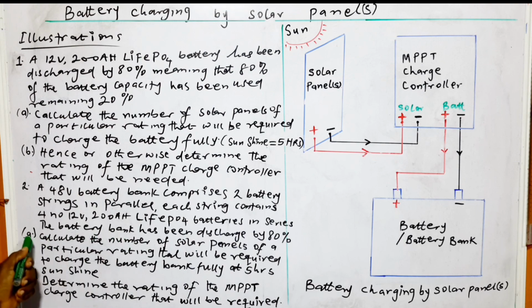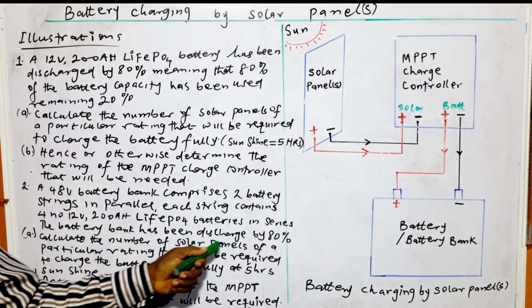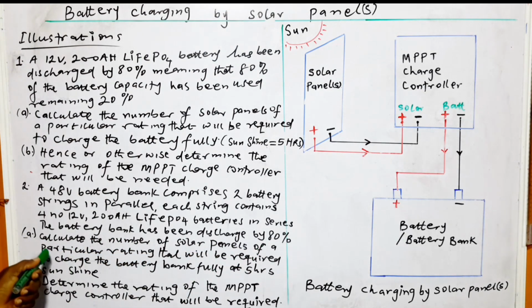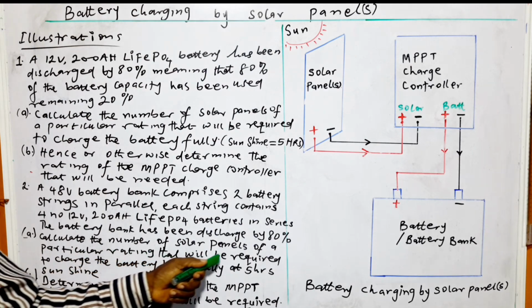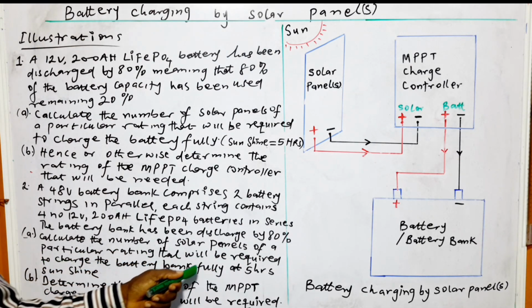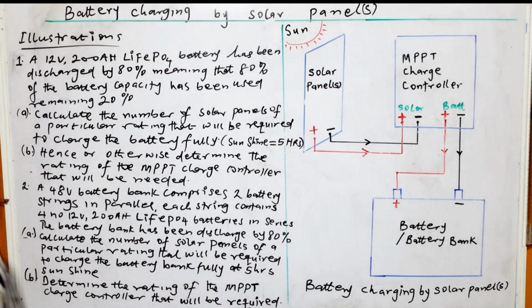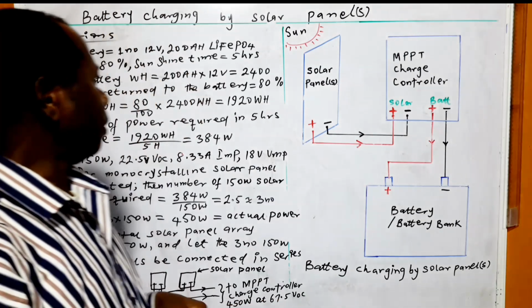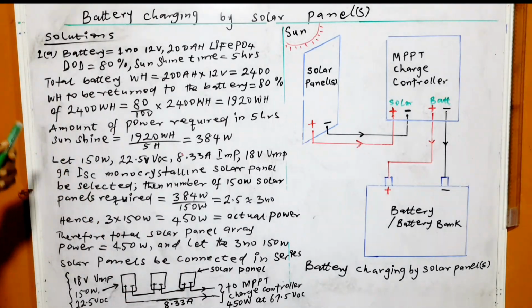A, calculate the number of solar panels of a particular rating that will be required to charge the battery bank fully at 5 hours sunshine. B, determine the rating of the MPPT solar charge controller that will be required. Those are the questions. Now, solutions to the problems.